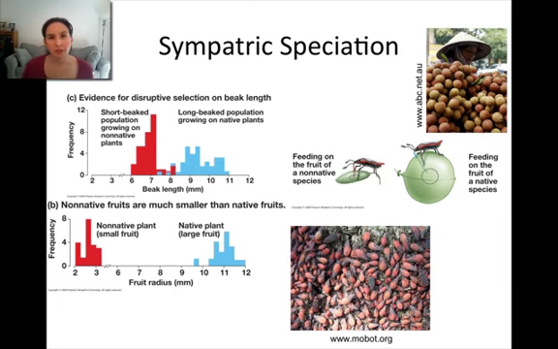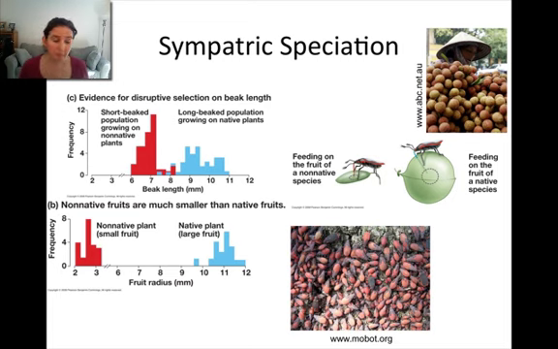So here is how sympatric speciation has happened in this population of soapberry beetles. The beetles feed on the fruits of the soapberry tree, both on the native and invasive species. They feed on the seeds, and then they lay their eggs there, and individuals usually hatch, pupate, and grow up on the same tree.